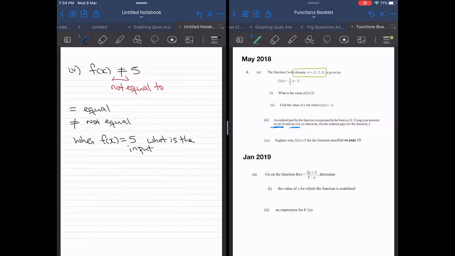It's basically me asking you, find x if f of x equals 5. So put a half x minus 3 equals 5. Solve for x and tell me what you get for x.